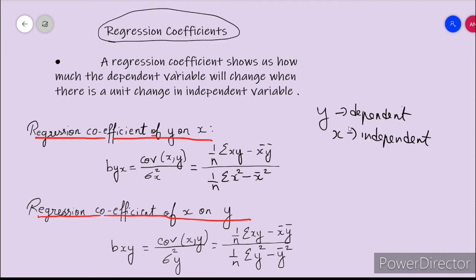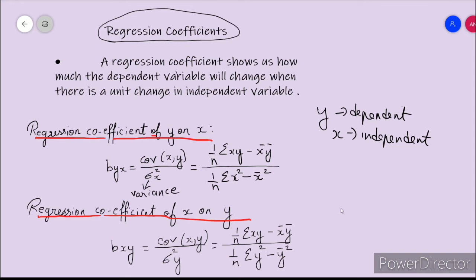So if y depends on x, the regression coefficient of y on x is represented as byx, and is equal to the covariance of x and y divided by the variance of x. If we expand this, this is the formula.